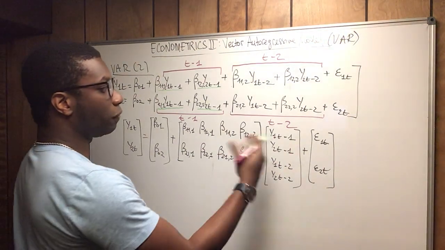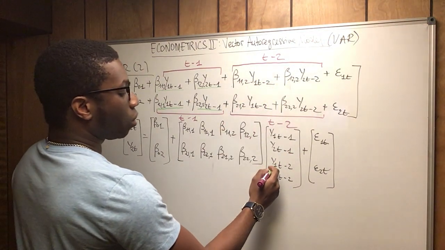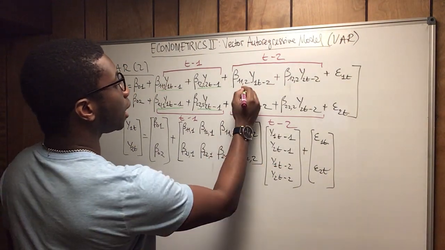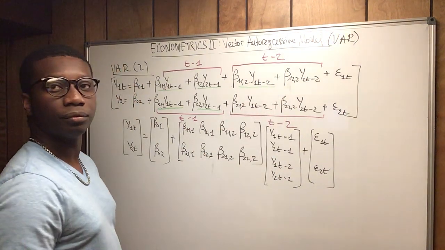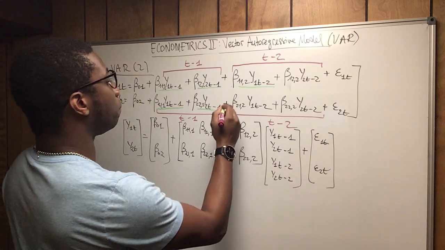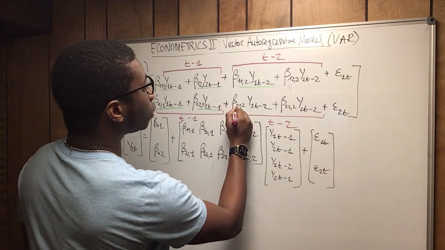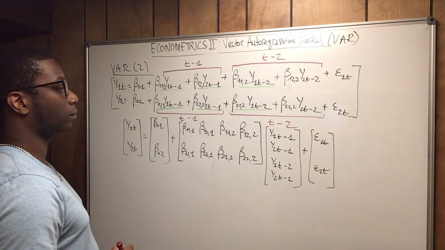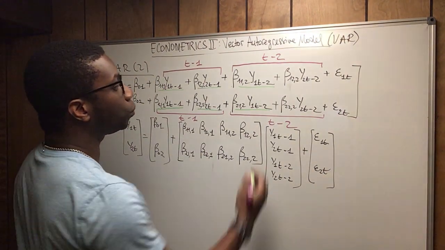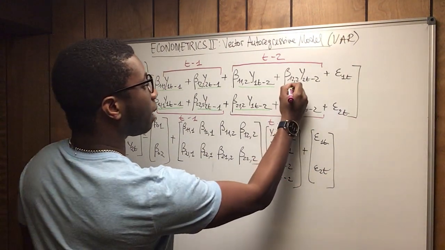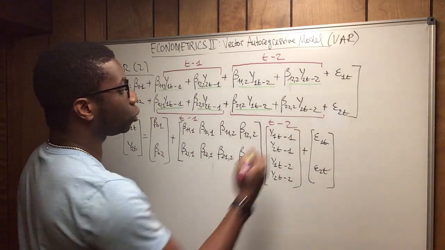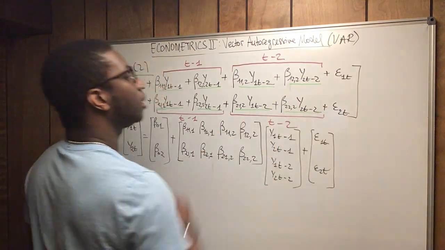All right, now we're moving to the second lag. y1t minus 2 times beta 11 comma 2, that's what we have here. y1t minus 2 times beta 21 comma 2, that's what we have here. And then y2t minus 2 times beta 12 comma 2, so this one, that's what we have here. And then y2t minus 2 times beta 22 comma 2, that's what we have here.